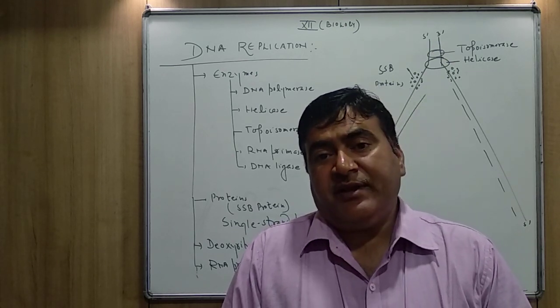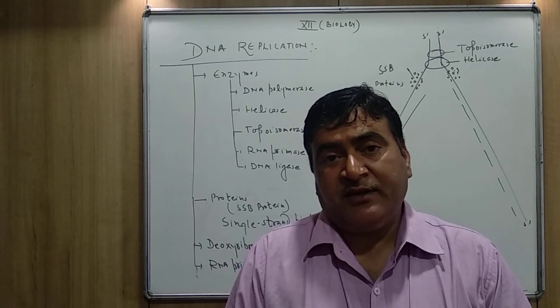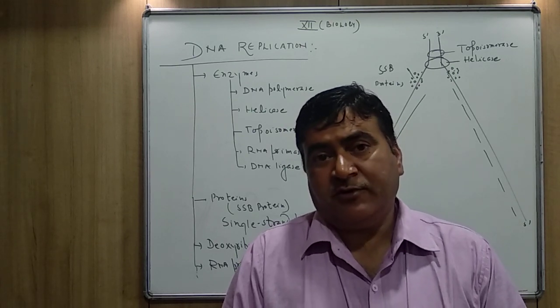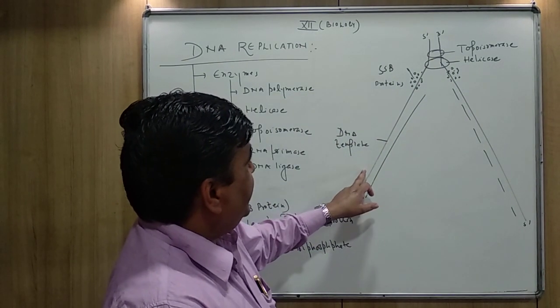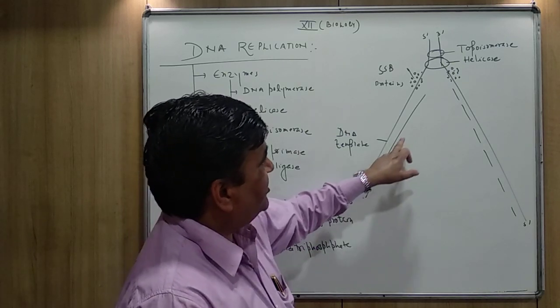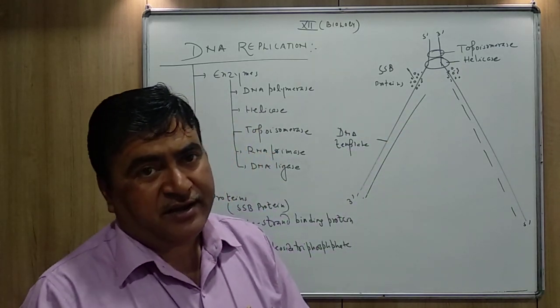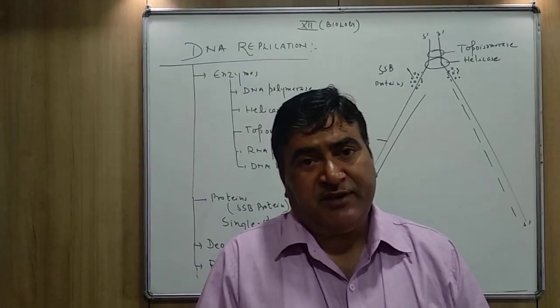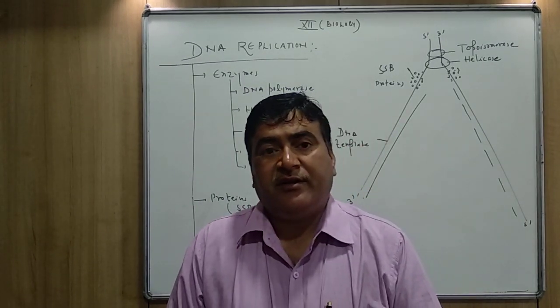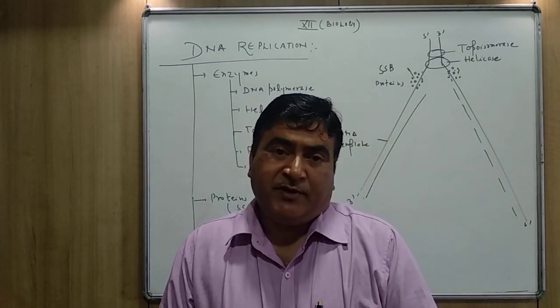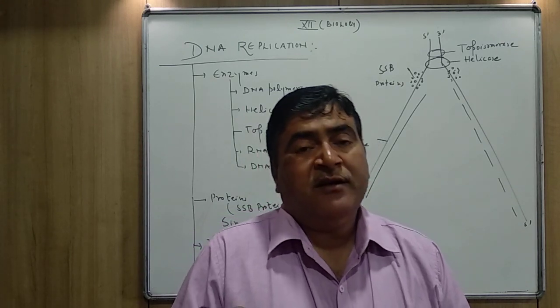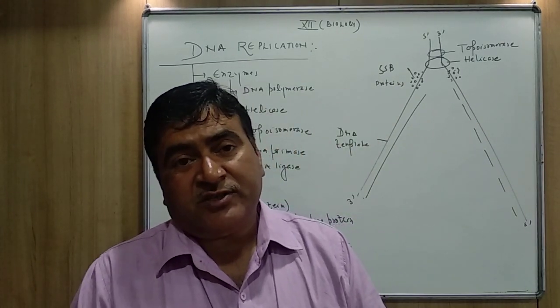And DNA polymerase enzyme also helps in proofreading. Suppose, as per the DNA template, some wrong nucleotides are added during the process of DNA replication, it also performs editing, or proofreading.